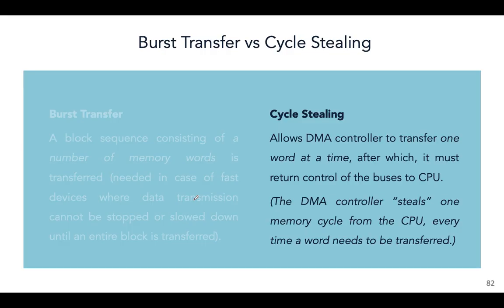Then if it wants to transmit another word, it will have to request the bus again. The CPU will then relinquish control of the buses, and the DMA controller will transmit one more word, and then give back control to the CPU. So it goes in cycles. Why is it called stealing? Because it appears as though the DMA controller steals one memory cycle from the CPU every time it needs to transfer a word, right?